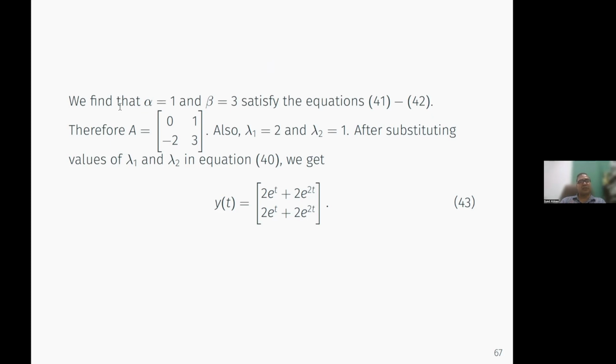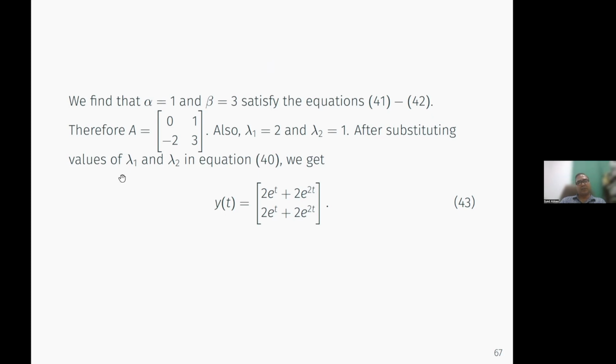You can see that alpha equals 1 and beta equals 3 satisfy the equations, and this is one possible solution. There can be other solutions, but this is one solution. And therefore, in this case, A is given by 0, 1, minus 2, 3. And also lambda 1 in this case is 2 and lambda 2 is 1.